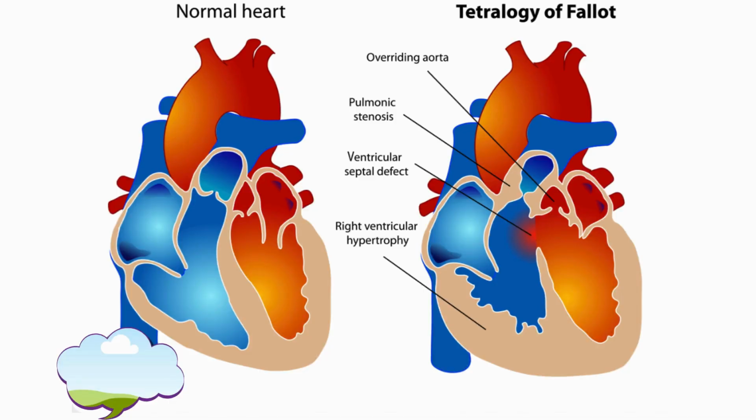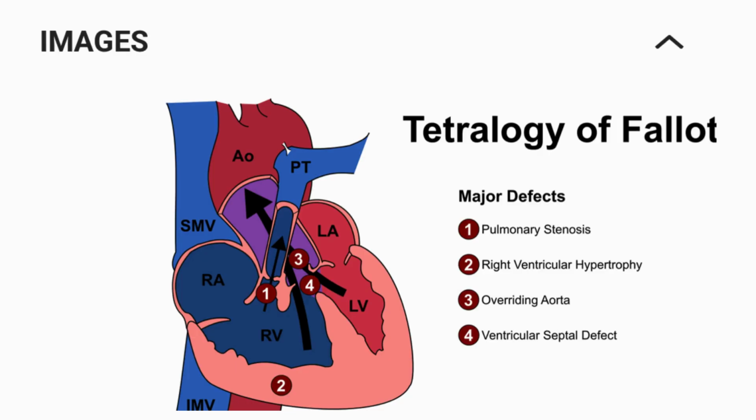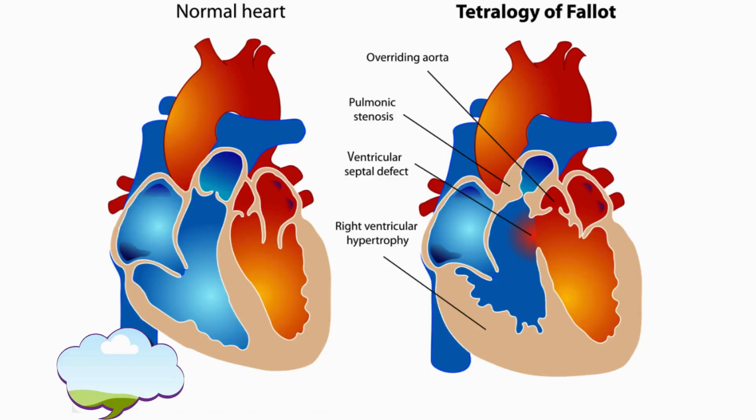So a large hole is left between the left and the right ventricles. So think conal septum goes forward, the aorta goes over the hole, the baby goes blue, cyanosis.